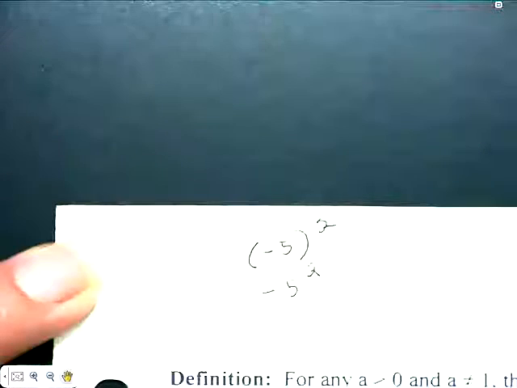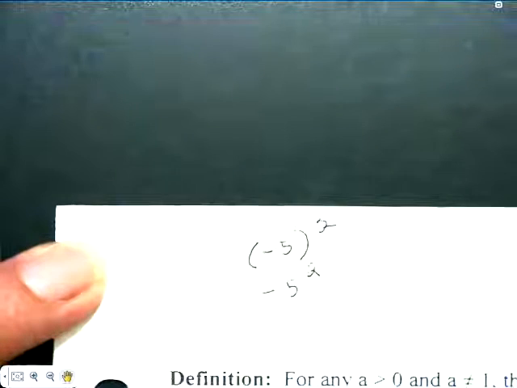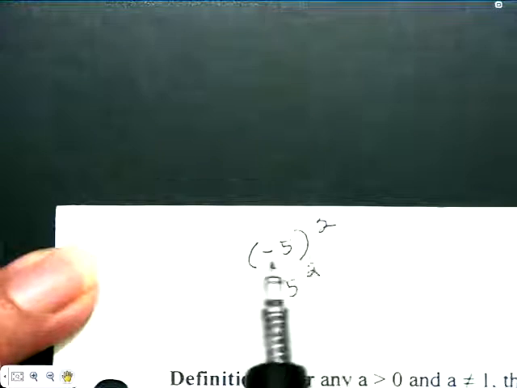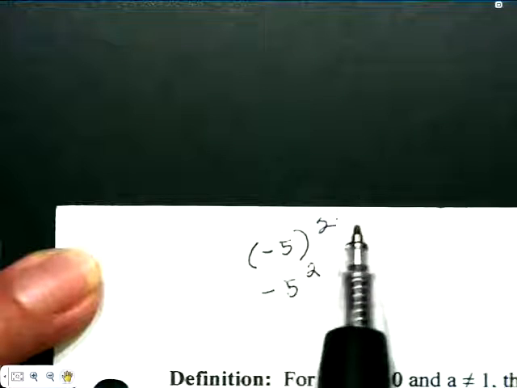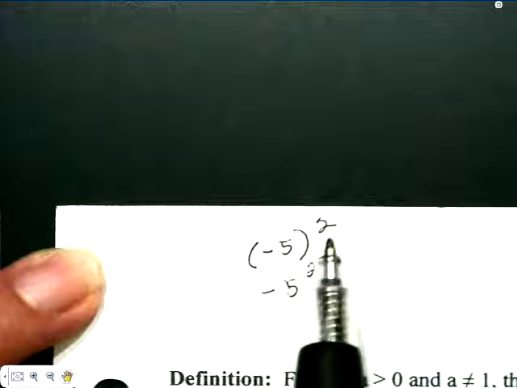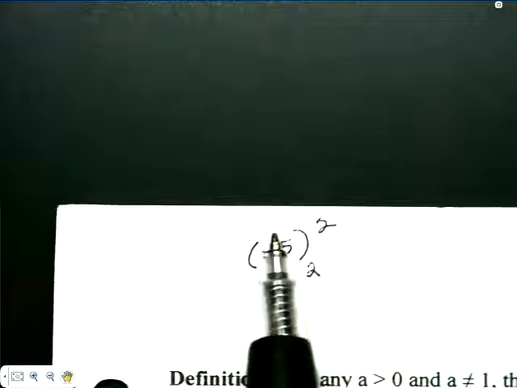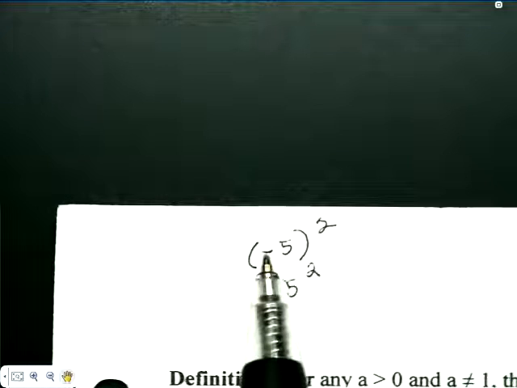Remember the difference? Ooh, this is first day of class. Real blast from the past. Remember the difference between these two guys? I wrote you a big note first day of class that said, when you raise negatives to a power, you have to pay attention to parentheses. If the negative is inside parentheses, it's part of the base.